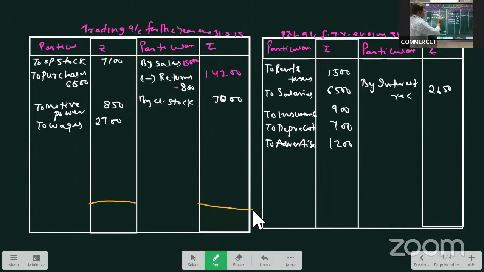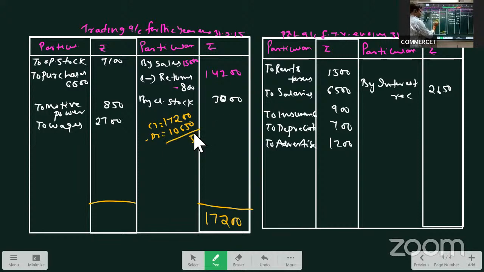What is the total on the credit side? It is 17,200. And debit side, 7,198. 10,650.